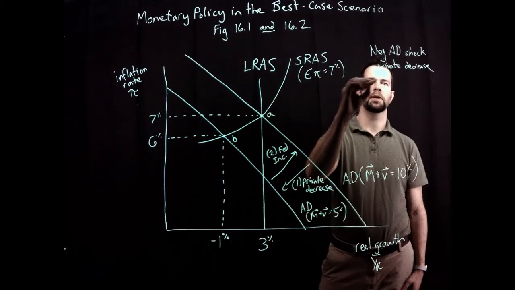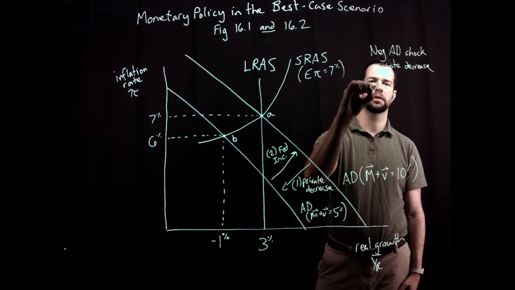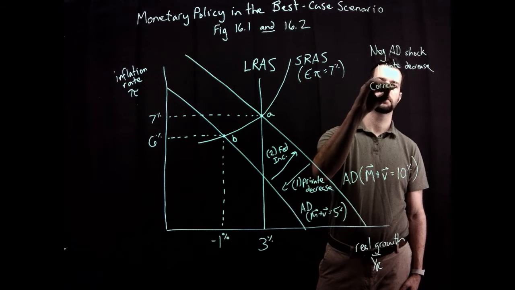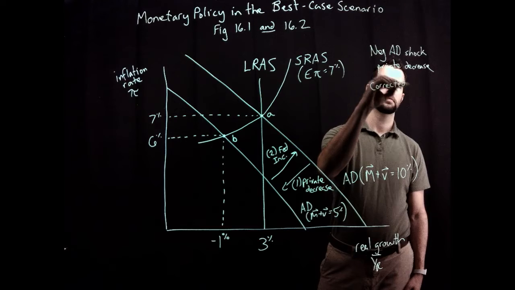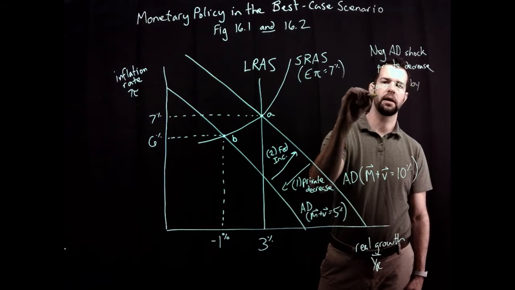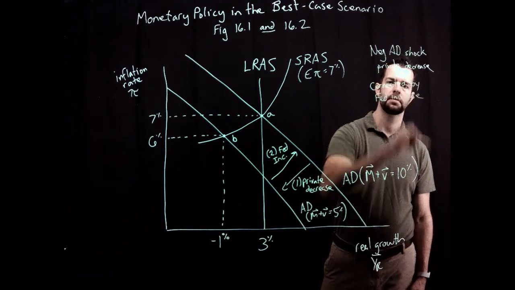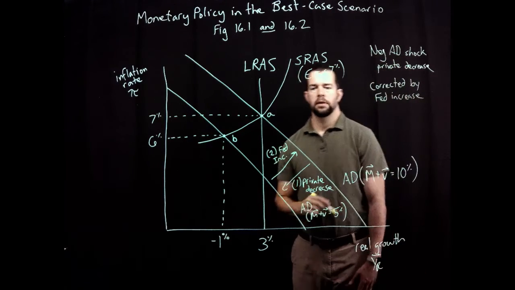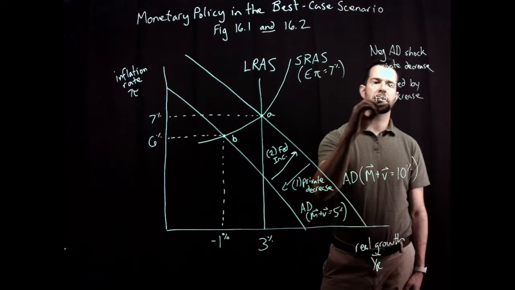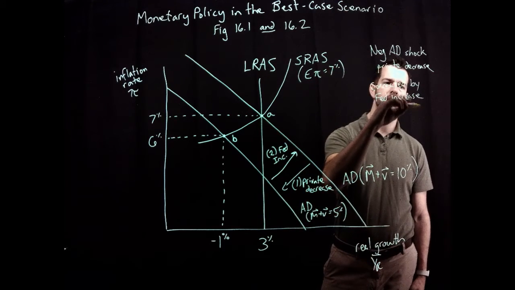Okay, so we're going to have a negative aggregate demand shock corrected by a Fed increase. What are they increasing? Well, they're increasing the monetary base.